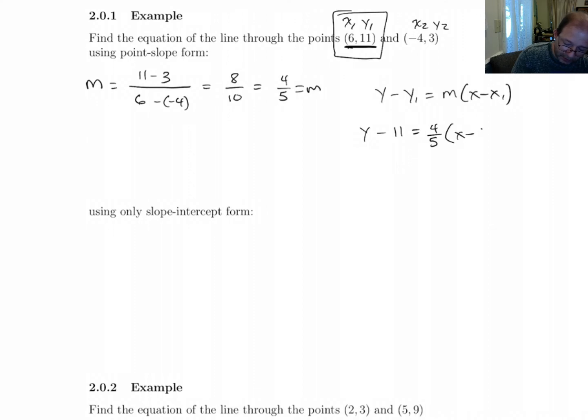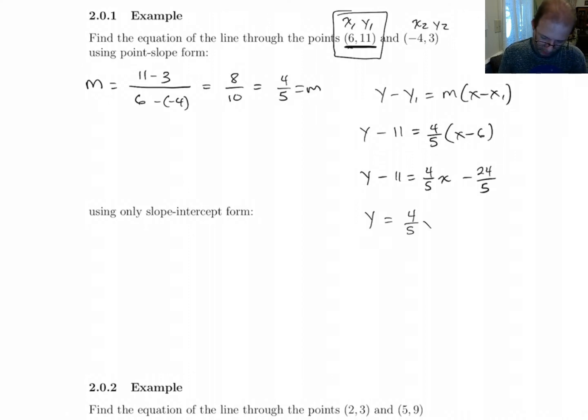Let's see, x1 was 6. So we get 4/5 x minus 6 times 4 is 24 over 5. And if I add 11 onto both sides, 11 is 55 over 5. So 55 minus 24, I believe, is 31 over 5.